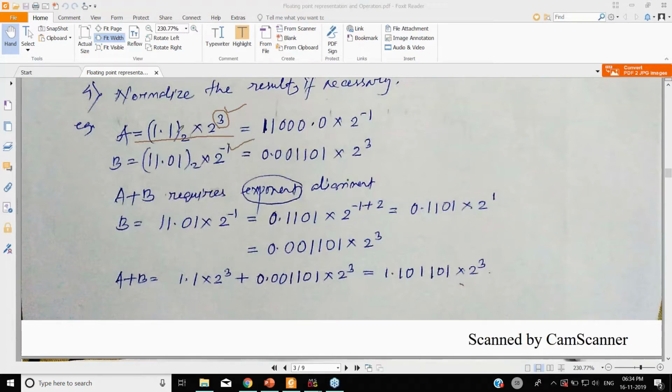So we can rewrite a like this. In this case, the binary point needs to be moved to the right, so that the exponent becomes -1.